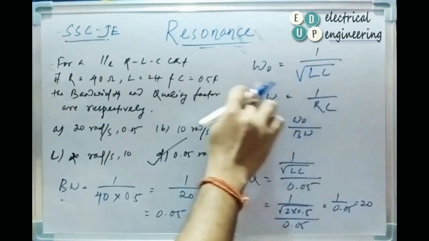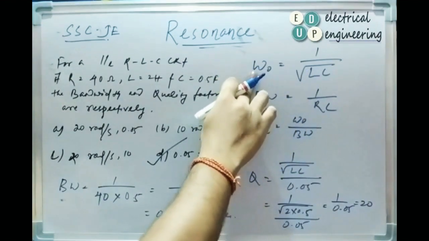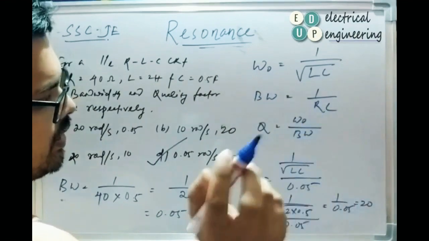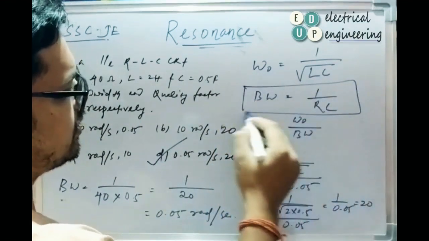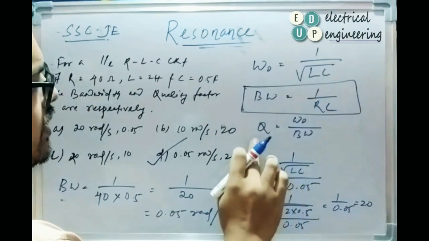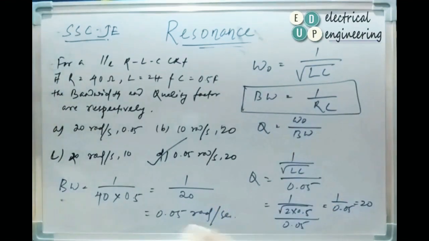And bandwidth is 1 by RC and Q equals omega naught by bandwidth. Just remember these formulas, apply them, you will get the answer. So here one new thing you knew, this form of bandwidth. Bandwidth equals 1 by RC, just remember this. And we have already studied omega naught equals 1 by root over of LC and Q is omega naught by bandwidth. Okay, let's go to the next question.